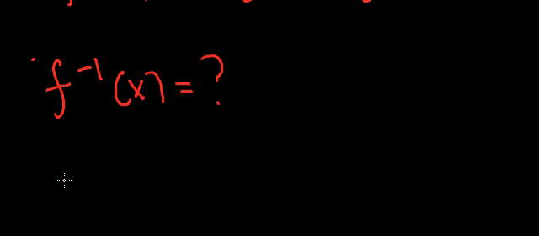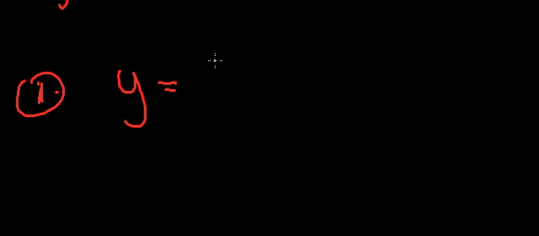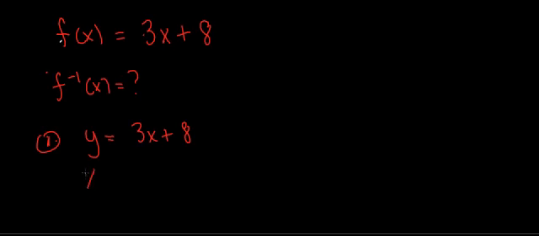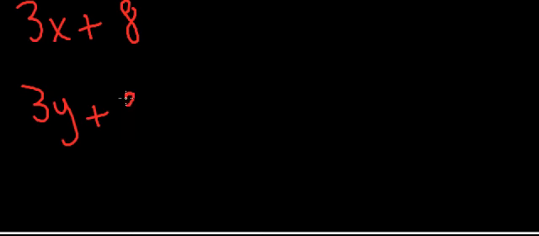Now if you follow my recipe, the first step is just to write f of x as y instead. Y is 3x plus 8. And then swap the x's with y's, so x becomes 3y plus 8. Step 3 is to make y the subject.